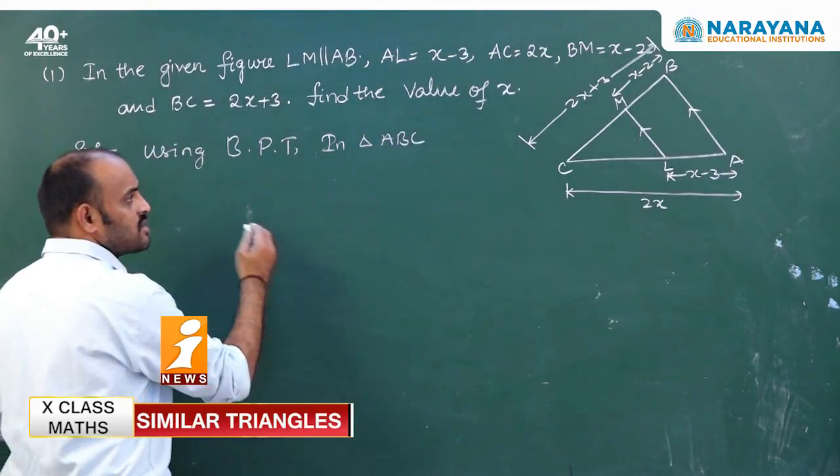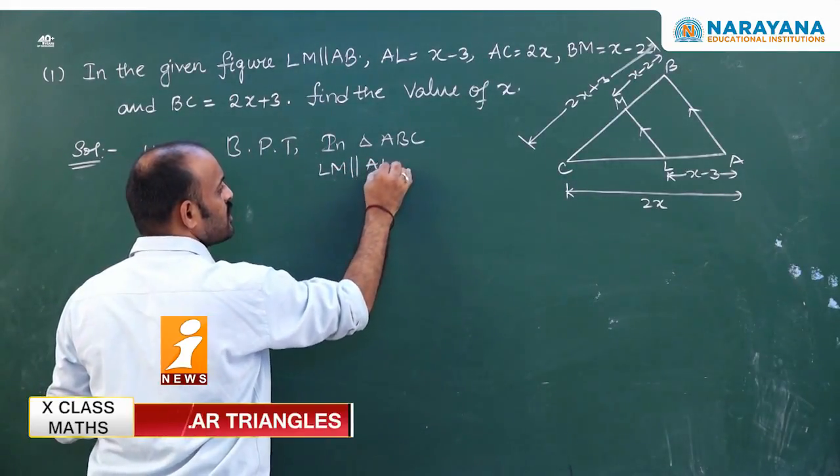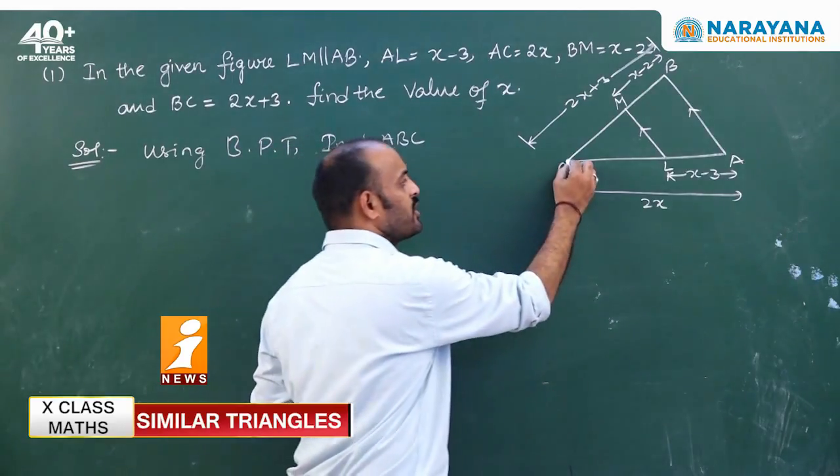see, LM is parallel to AB. That means this is the vertex point.